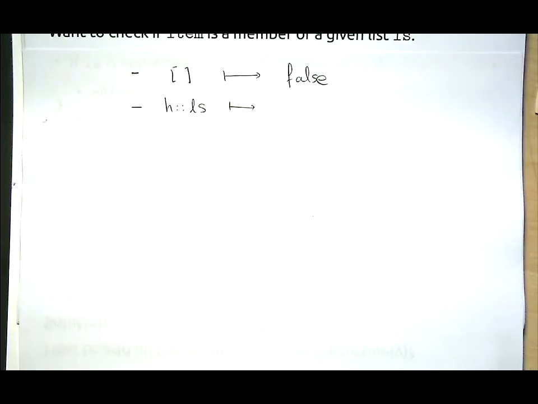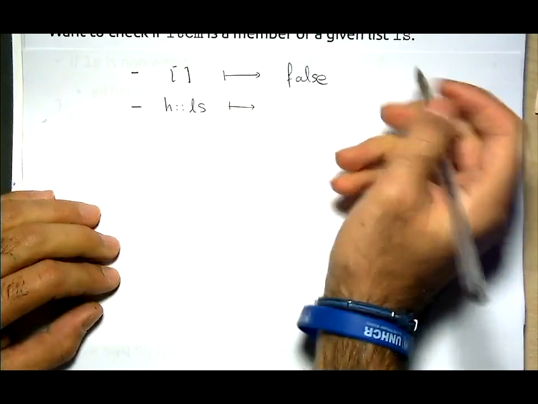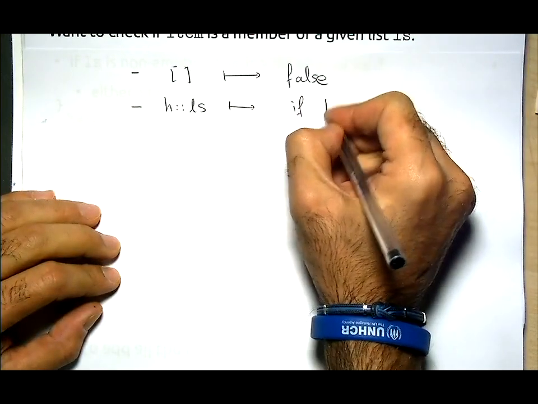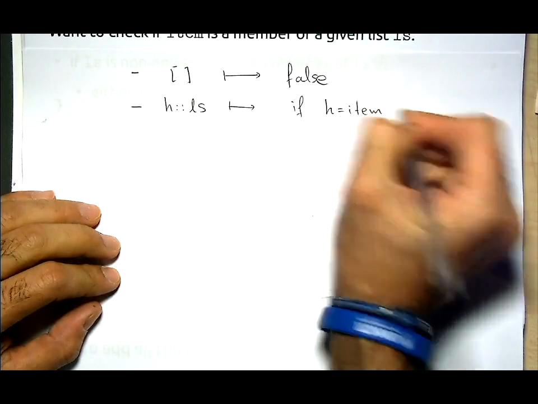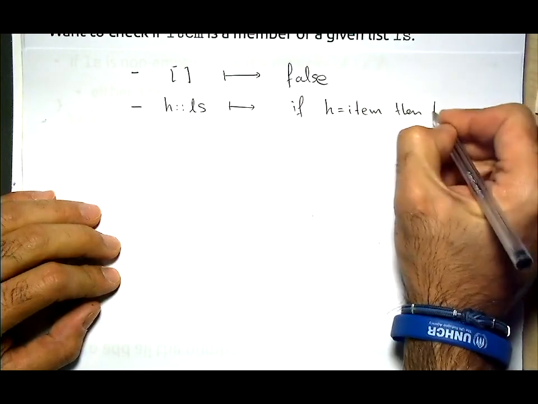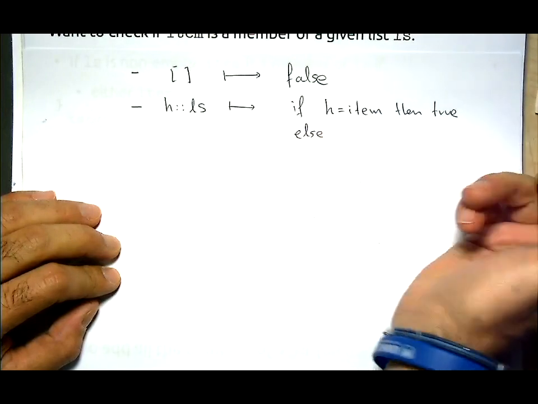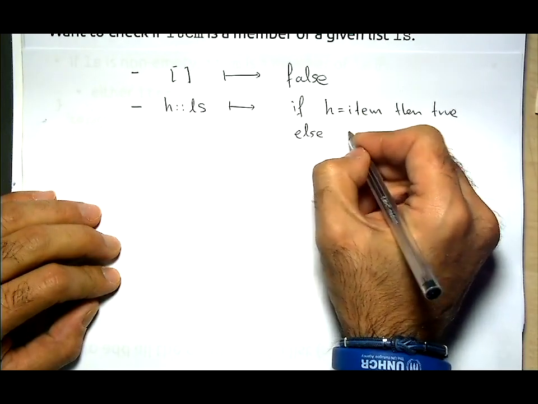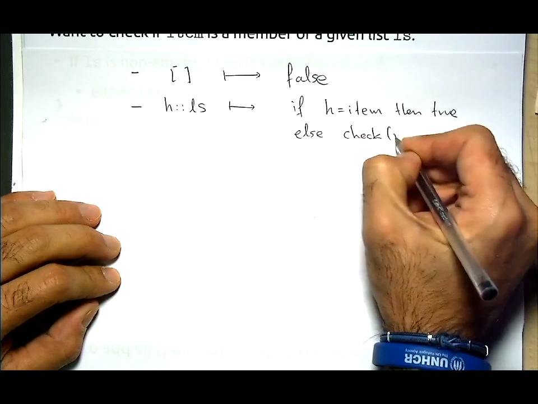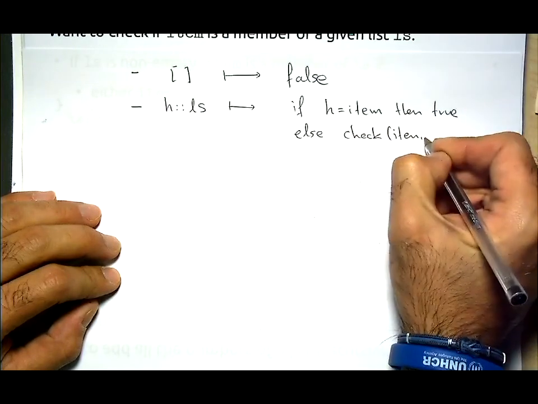So then I say the following. Well, if h is the item that I'm looking for, then return true. If not, then just check whether the item is an element in the tail.